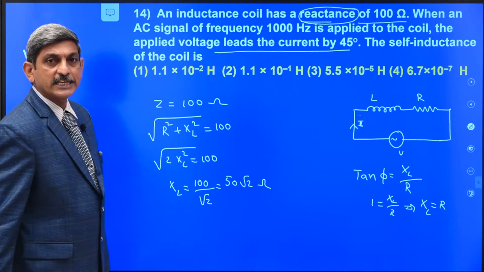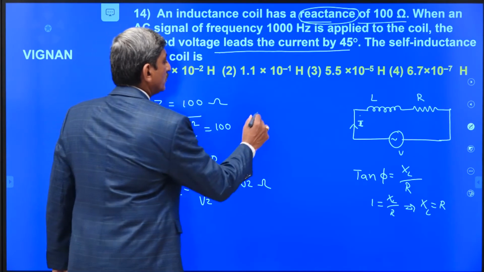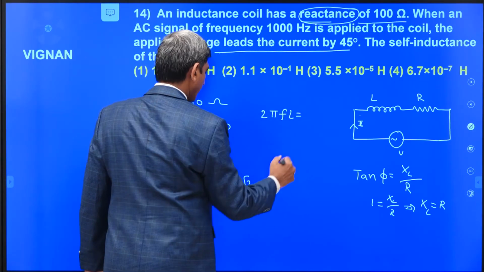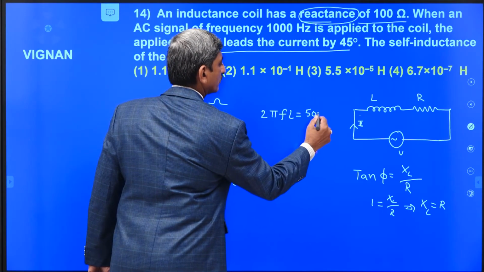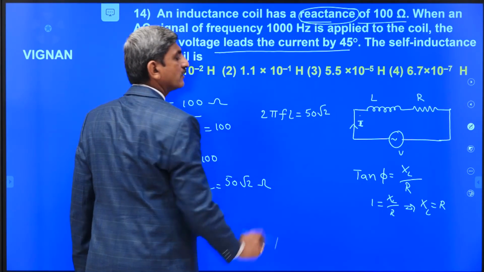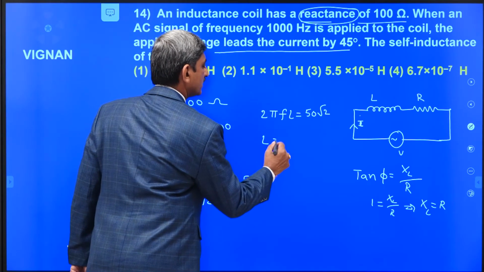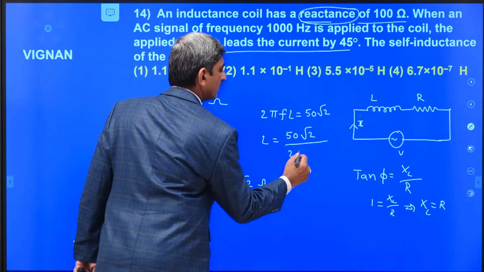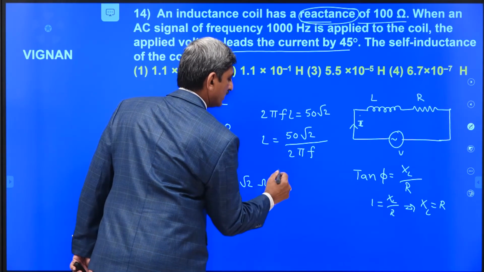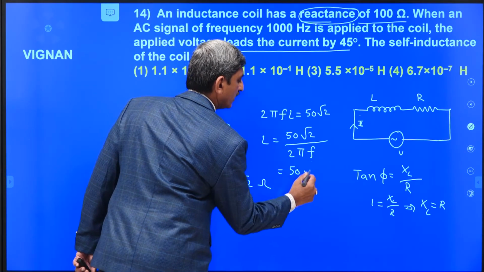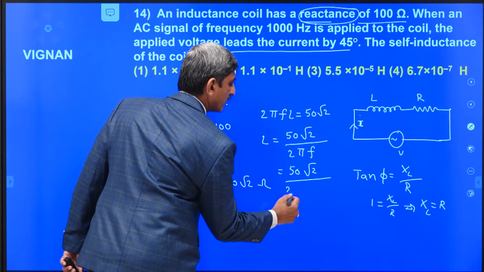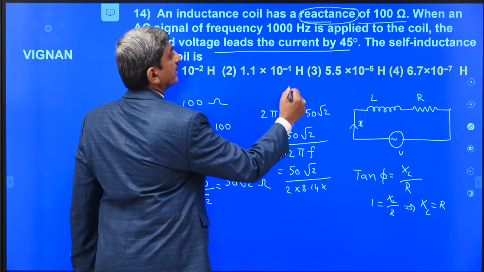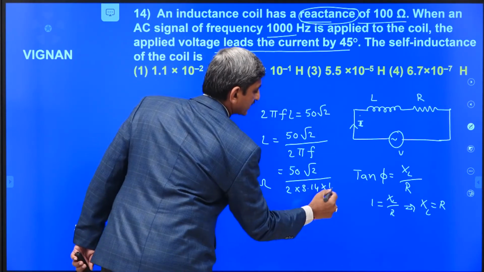But already we know that the inductive reactance XL is equal to 2 pi FL. So 2 pi FL is equal to 50 root 2. We want to find out L value, that L is equal to 50 root 2 divided by 2 pi F. This is equal to 50 root 2 divided by 2 into 3.14 into the frequency, which is given as 1000 Hz.